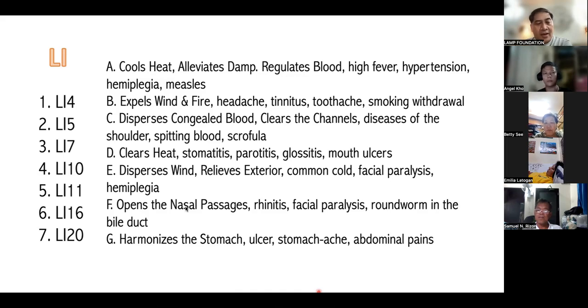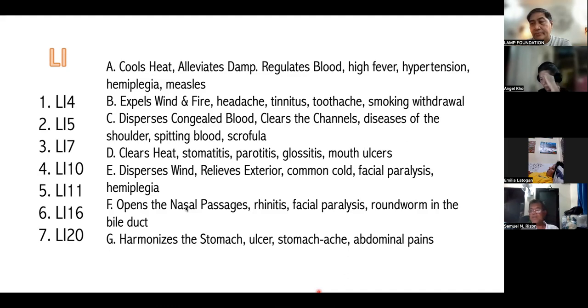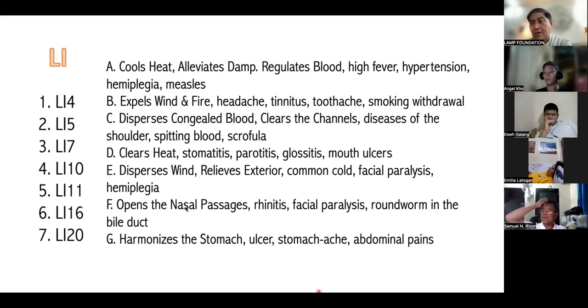Number 7, LI20. First, what is the classification of LI20? Ang LI20 po is the meeting point of the LI and stomach channel. Okay, good. That's why we also use that for facelift, right? Yes po.